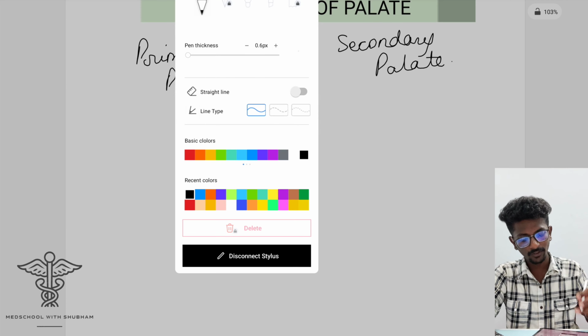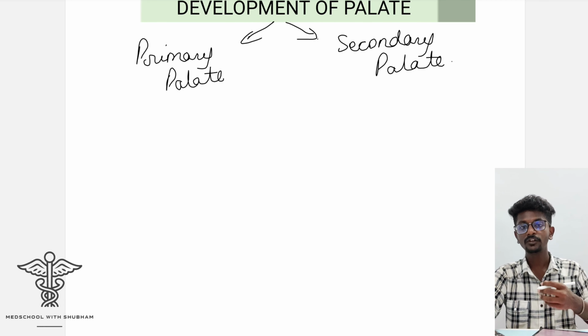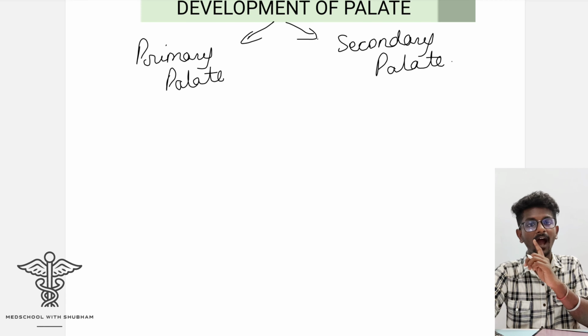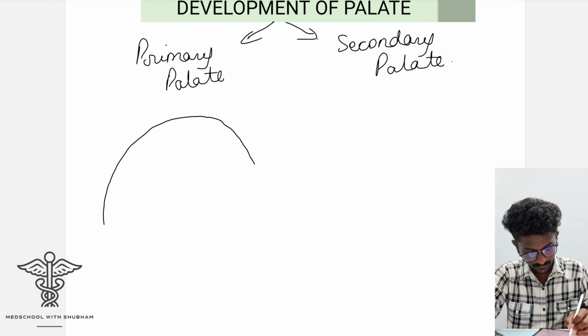So let's start. What actually is primary palate, what actually is secondary palate? If I open my mouth, I will get an arch-like thing over here. I'll be drawing the same arch. So this is the arch.